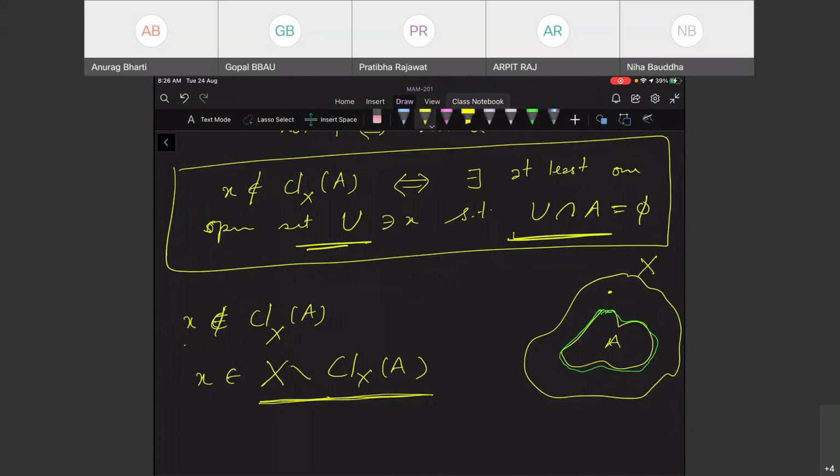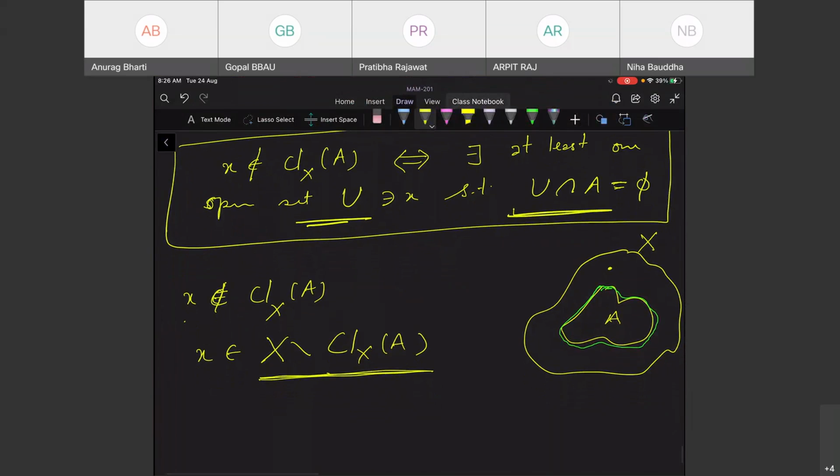Arpit, what kind of set is this? Sir, it will be an open set. Why? Because it is X minus the closure of A, which means it is the complement of the closure of A. The closure of A is itself a closed set, and by definition the complement of a closed set is open.